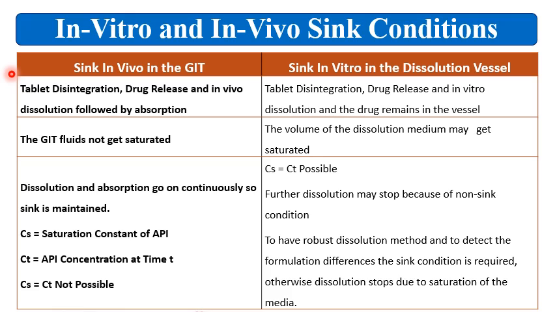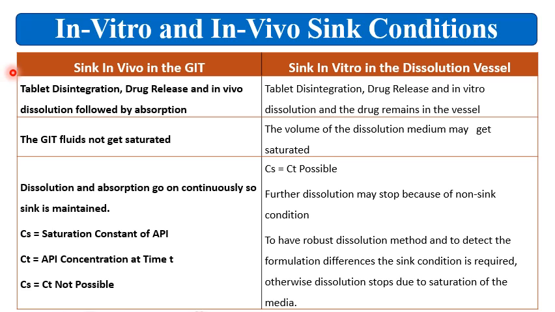We have understood the Noyes-Whitney equation, and from that we considered the saturation constant of API and the API concentration at time t, that is Cs and Ct. So now we have to relate these with the in vivo and in vitro sink conditions.